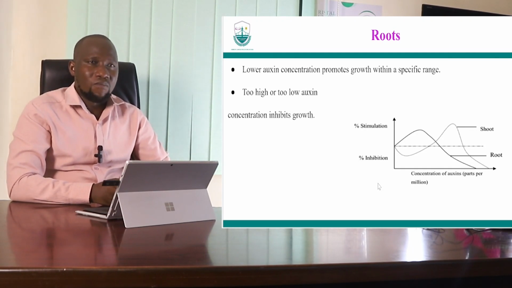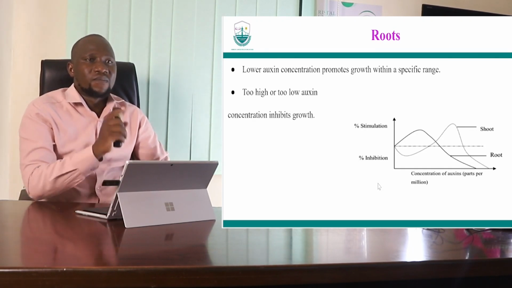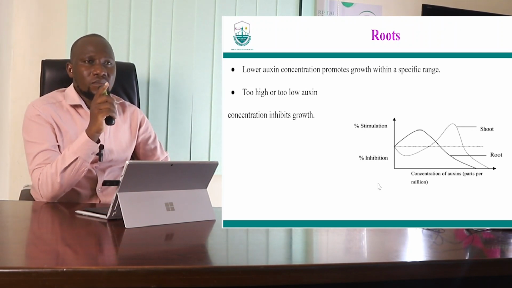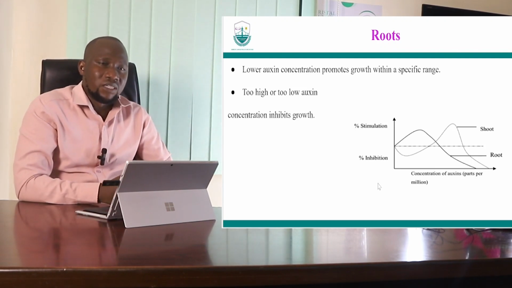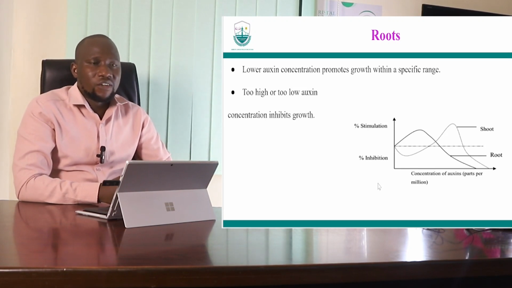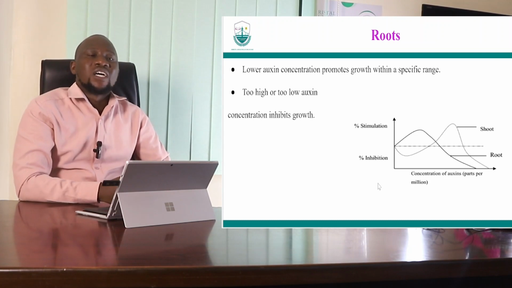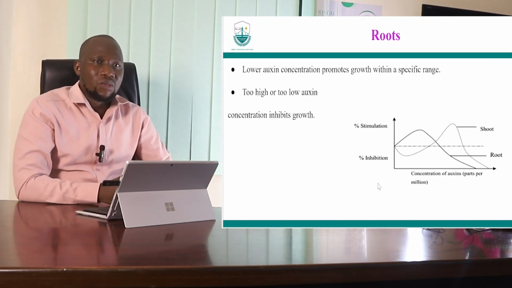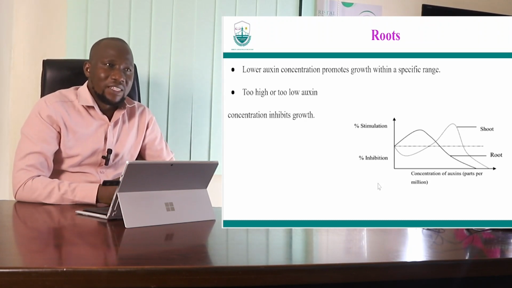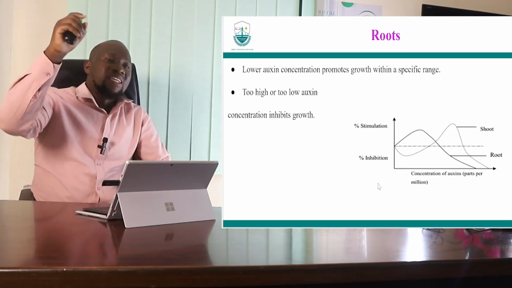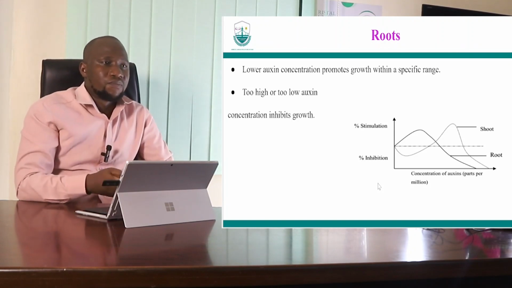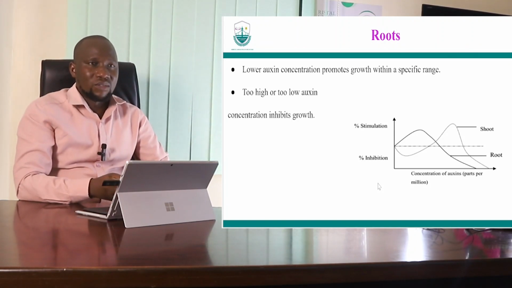Another issue you also might need to be aware of here is that there is a point where even if you increase the concentration of auxins, you will not have an increase in growth of the shoot. So there is a limit, basically. The plant will not grow endlessly. There is also a limit. That's an important concept to note there.